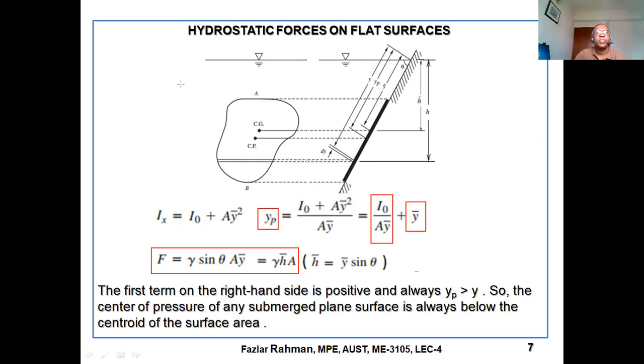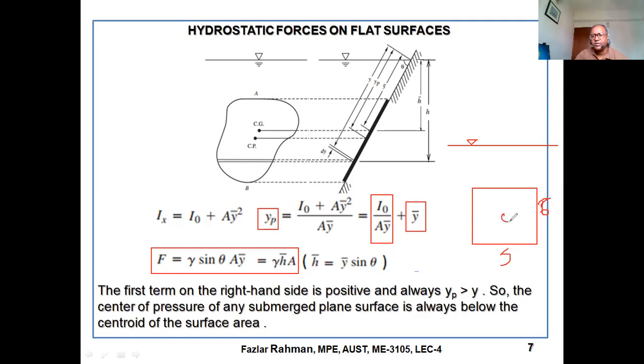For example, if I say a vertical plate right over here is not in an inclined position, even vertically submerged. This is the free water surface. So what will be the location of CG of the structure? I can say, for example, this is 6 feet and this is 5. So where is CG? This is 6 feet.